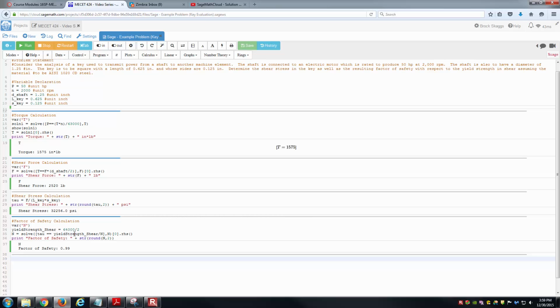But as you get to more complex problems, it'll be easier for you to use the solve command to solve some nasty equation for a given unknown than having to work through all the algebra and then just type it into your calculator or type it into Sage here. That way you just get in the habit of using that solve command, and as you get to more complex problems, you might have a little bit more typing, but the process is all going to be the same.